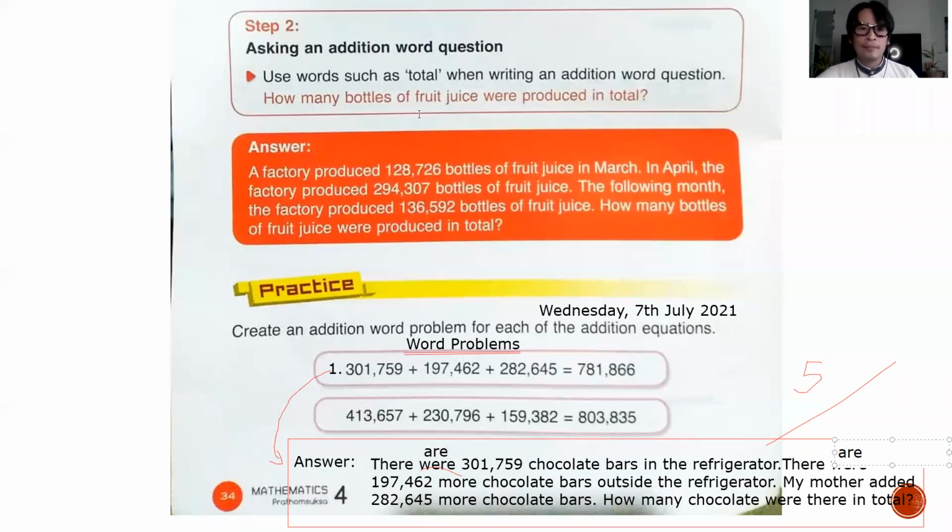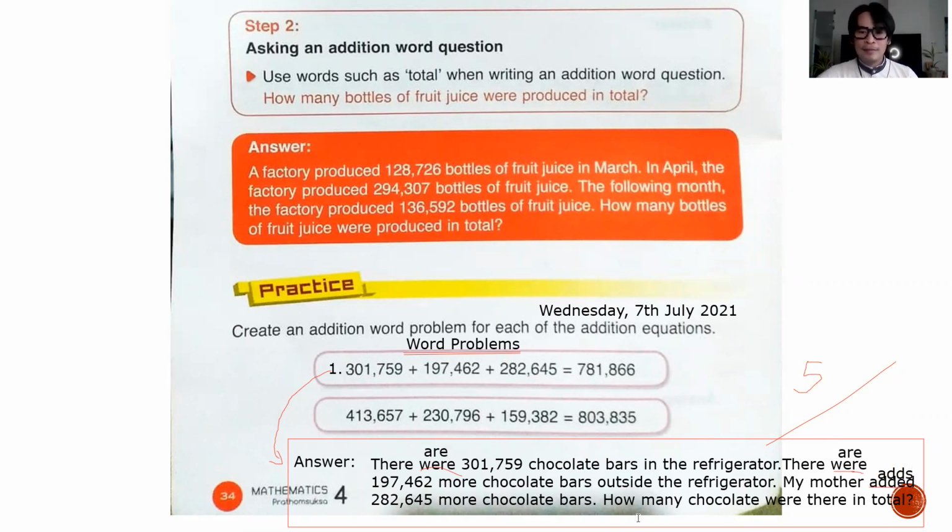And the other one, my mother added, you can change to adds with S, singular. The teacher is not teaching English, okay? The teacher is teaching math. So if you have minimal mistakes, I accept it. I will consider it.